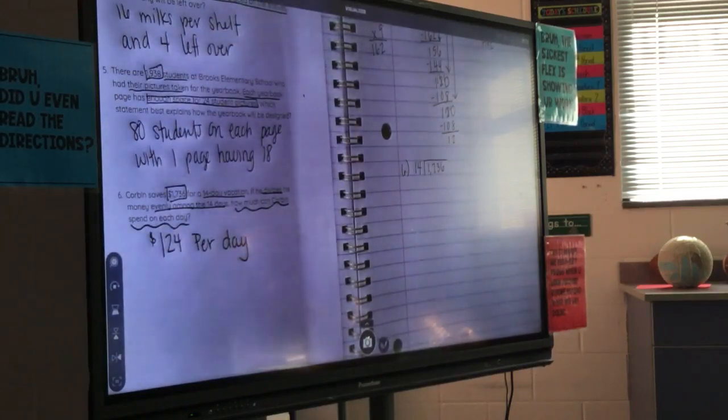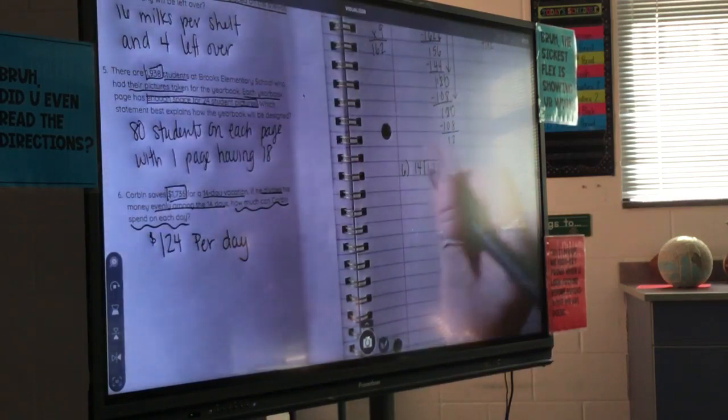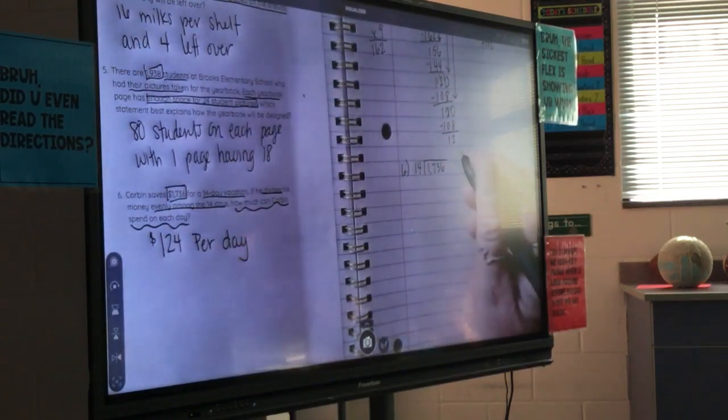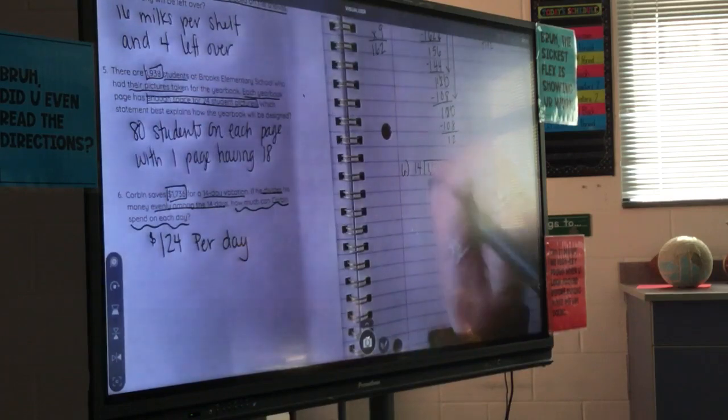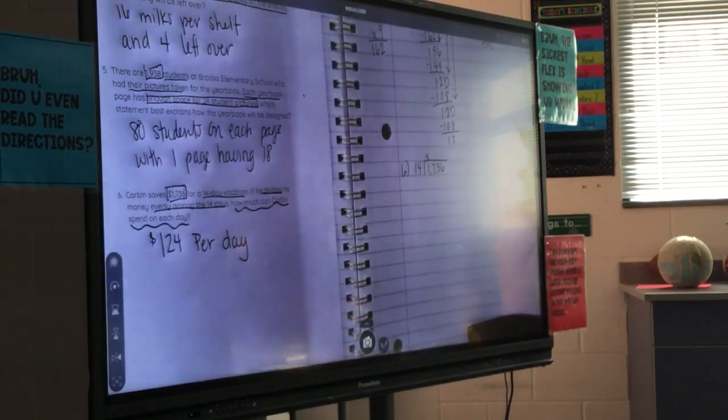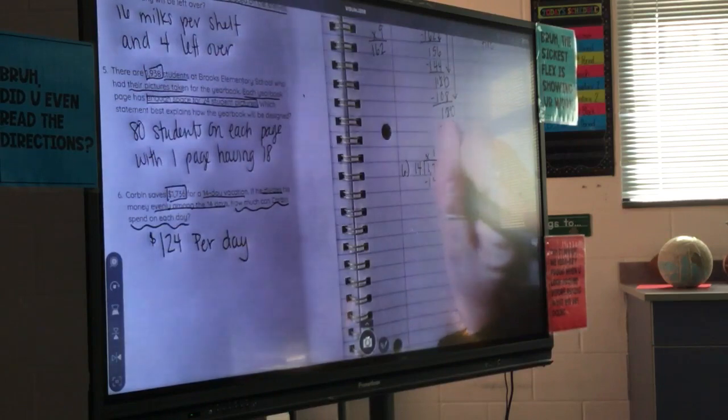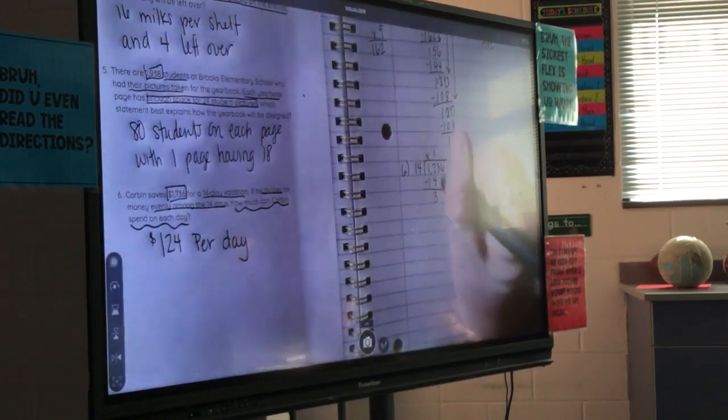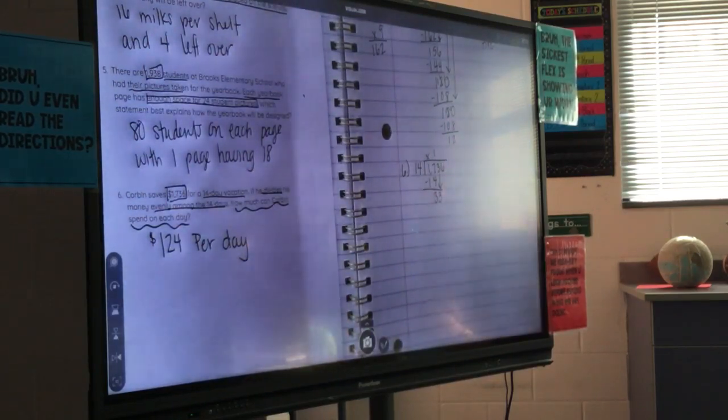All right, what can I multiply 14 by to get 1? Samantha? Nothing. What do I multiply 14 by to get 17? Ansley? 1. Okay, what do I multiply 14 by to get close to 33 without going over? Gabriel?